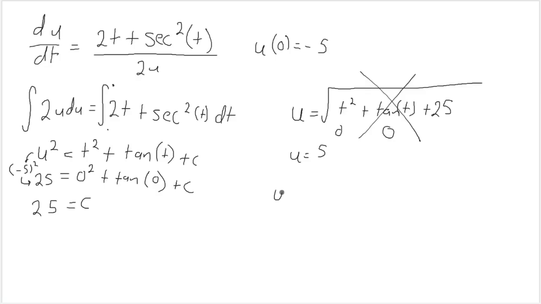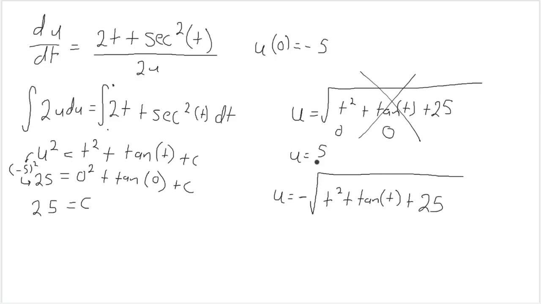In order to achieve -5, I have to put a negative out the front. And this will leave me with negative the square root of t squared plus the tangent of t plus 25.